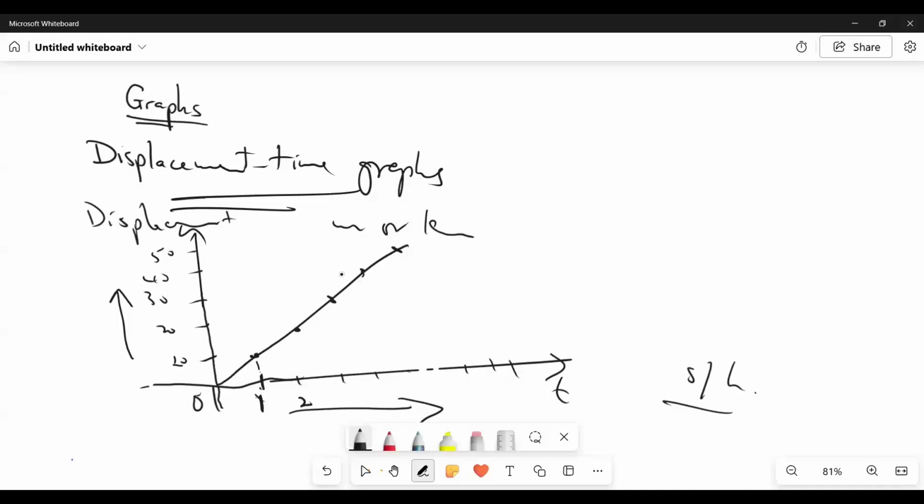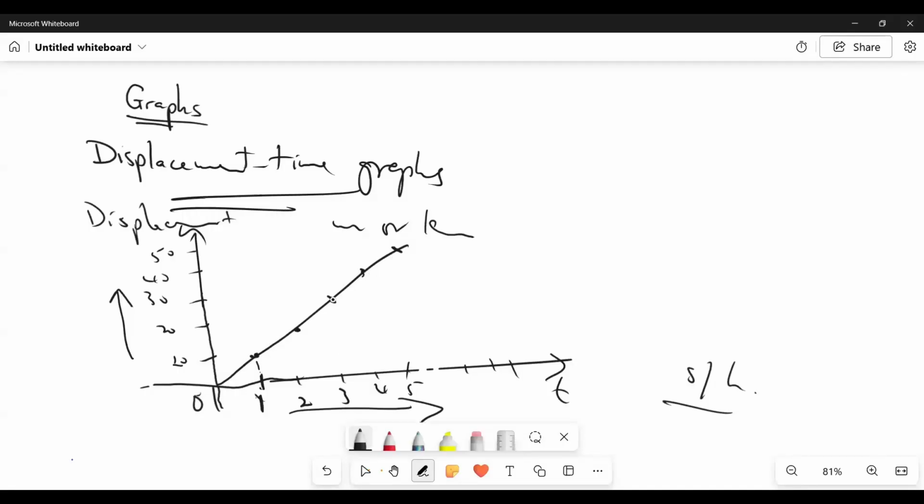So what's happening here? Is the body moving? Is it moving? Yes, it is moving, right? And there's something more about its movement. If we were to take the gradient of this straight line here, right? Let's go with 1, 2, 3, 4, and 5 here, right?